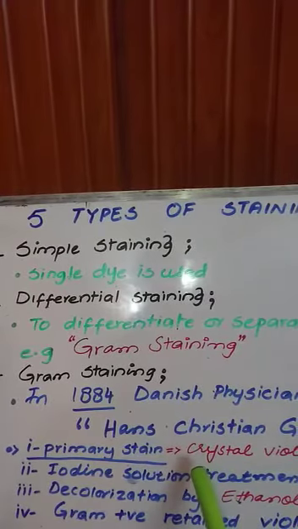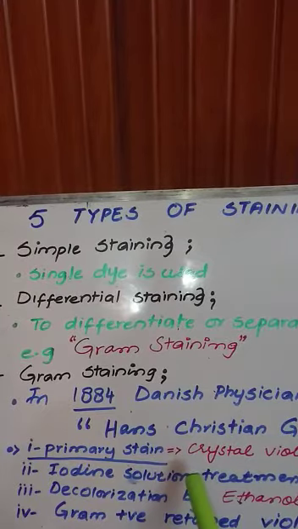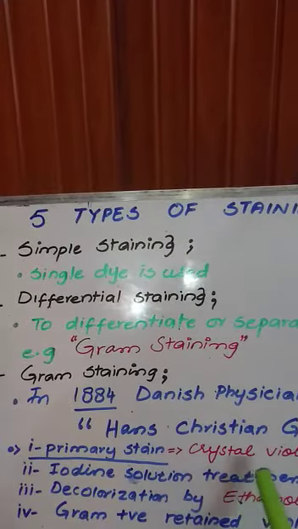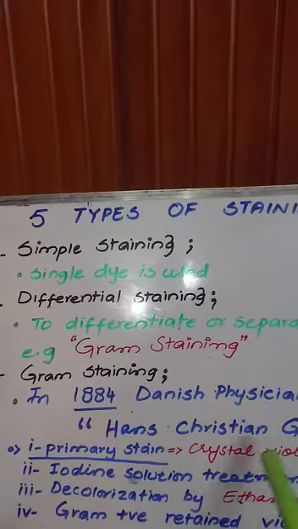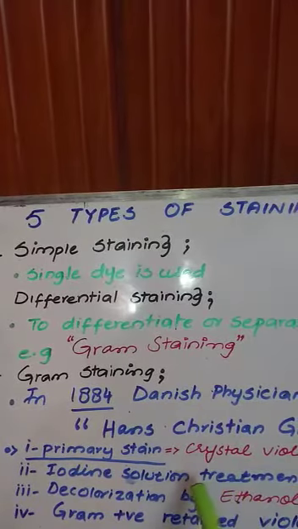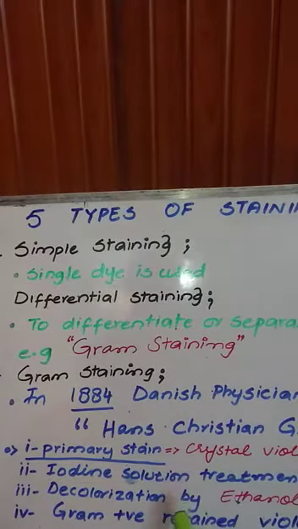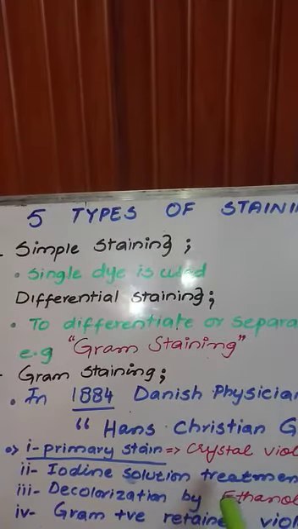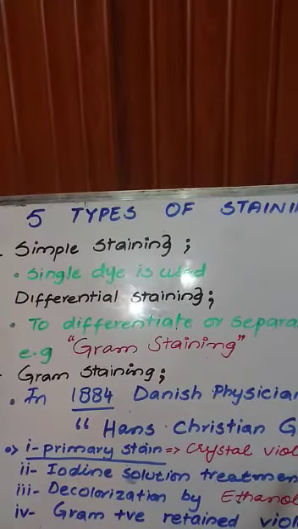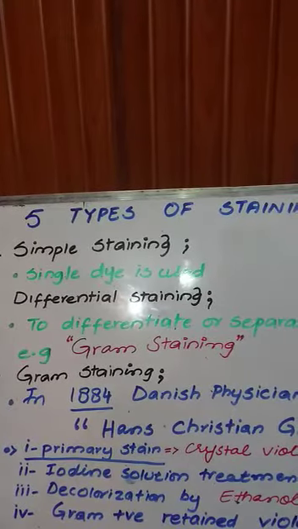The first step is the use of a primary stain, mostly crystal violet. In the second step, he introduced iodine solution, and this treatment was taken as a mordant.